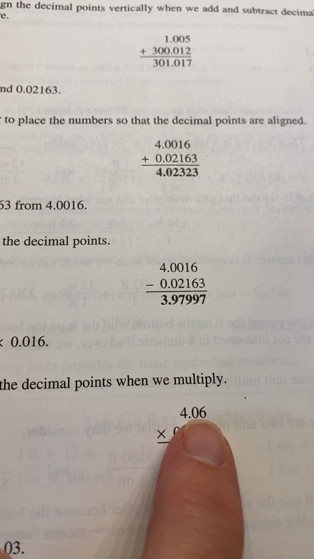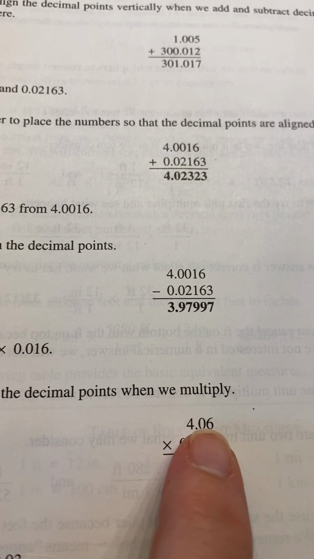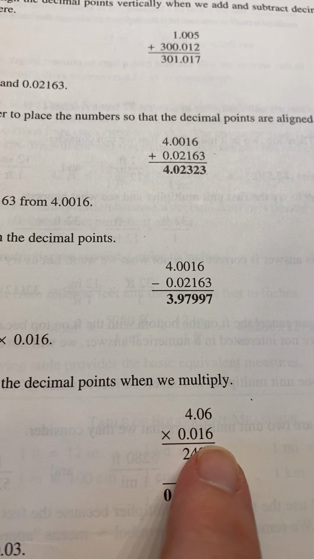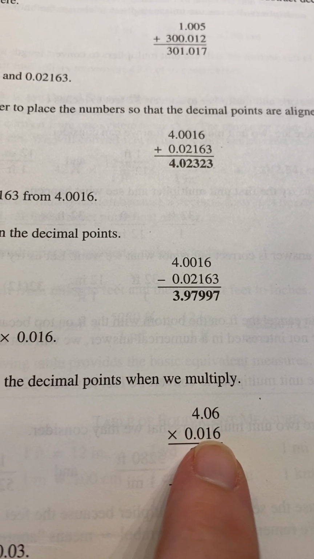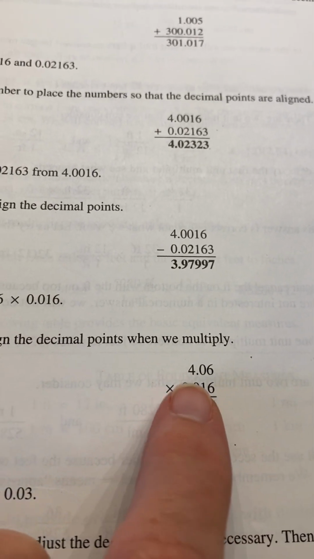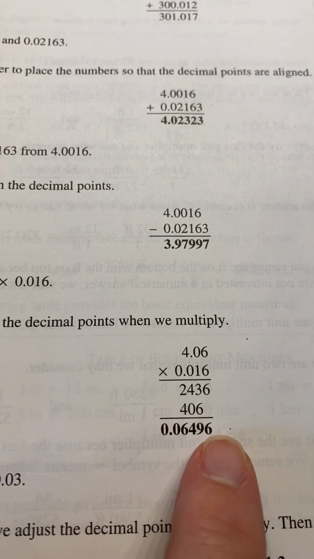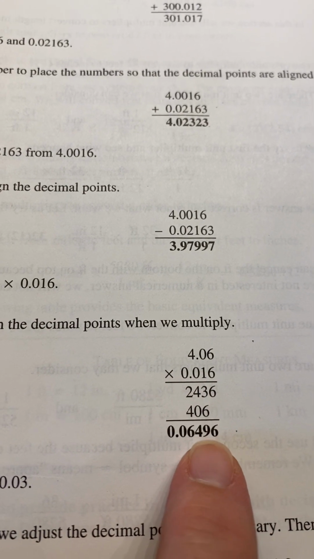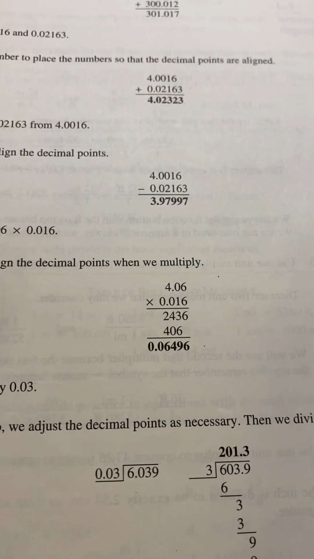You can stack 406, which has 3 significant figures, on the top. This only has 2, the 16, so we write the 406 over 16. You do your 2-digit multiplication, then you count 2 decimals there, 3 there for a total of 5, and then in your answer you go 1, 2, 3, 4, 5. Boom, and there it goes.